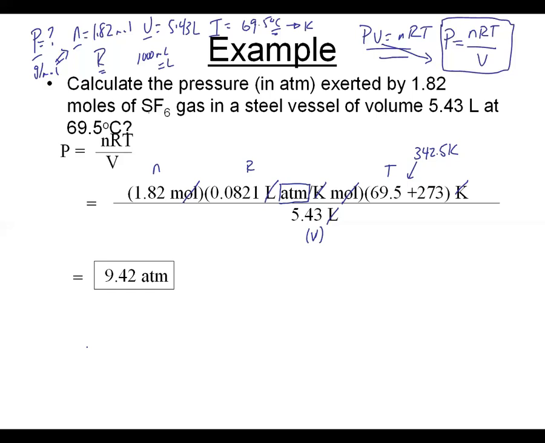So in this case, a lot of the units were already in the correct units, but like I mentioned before, it's very common in ideal gas law problems. You have grams and you need to go to moles. So again, the molar mass from the periodic table is going to allow you to do that, which we didn't need to do here. Also very common is milliliters to liters, and again, that's 1,000 milliliters equals a liter.